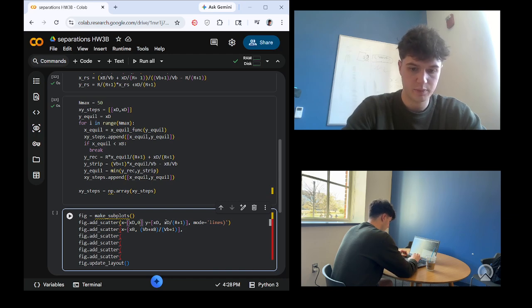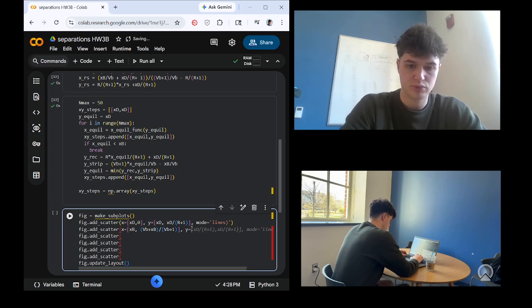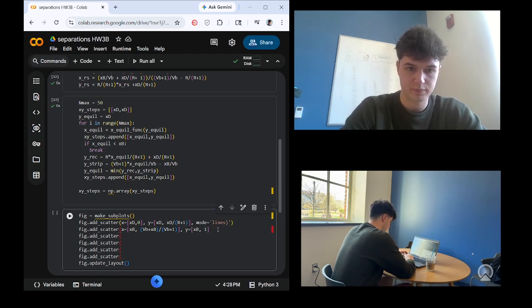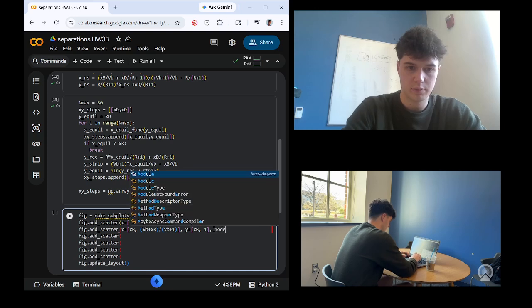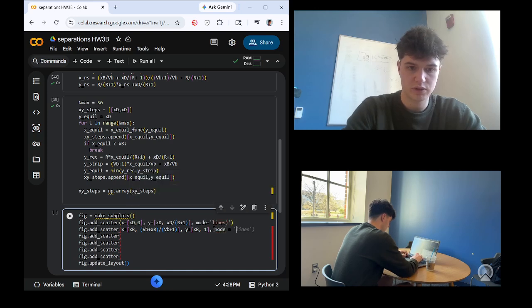Forgot to add a parenthesis there. And then Y is going to be equal to XB, 1, mode equals lines.